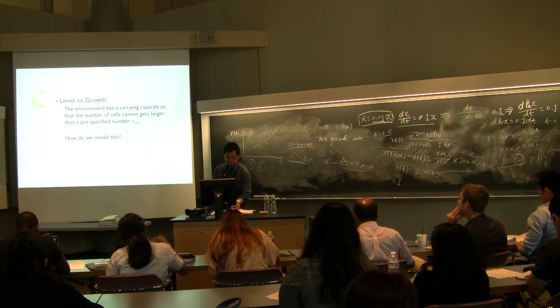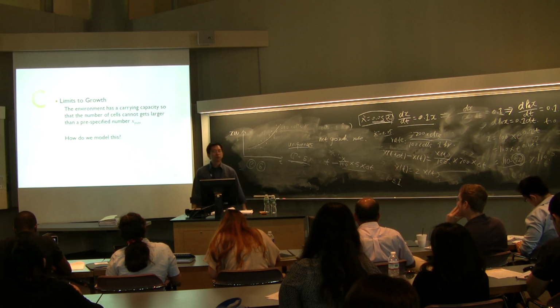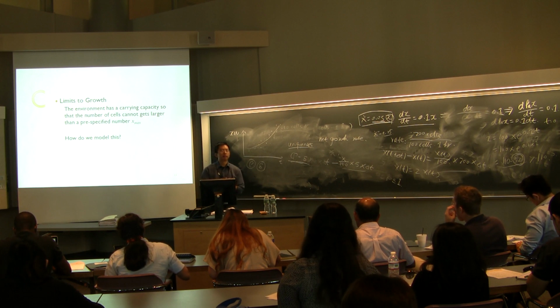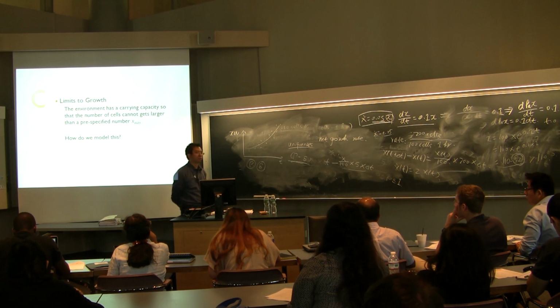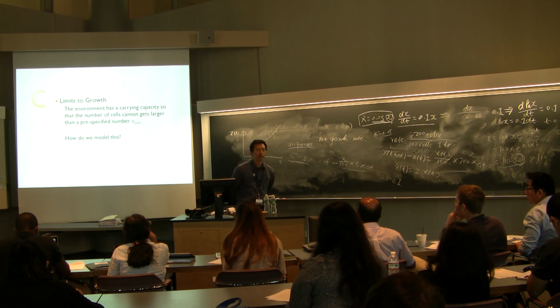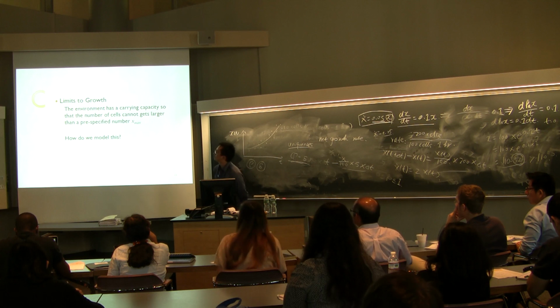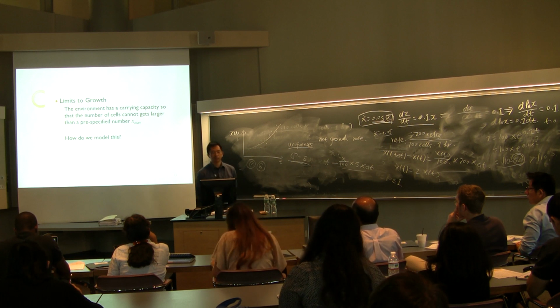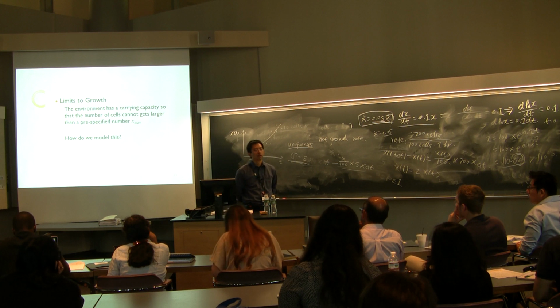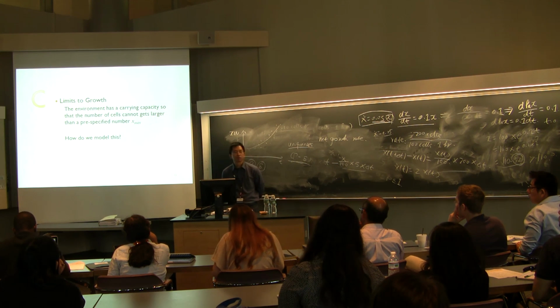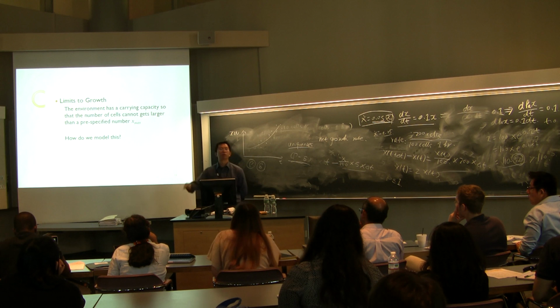So now we talked about the growth, we talked about the death. Let's make it more interesting. How about we have a limit to growth? We know that the environment has limited resources. We don't have infinite resources for the cells to keep growing.